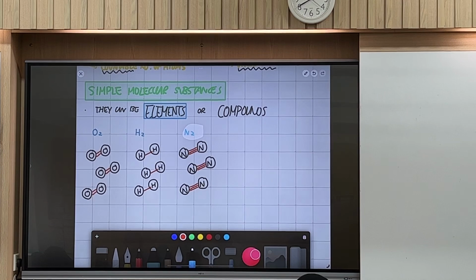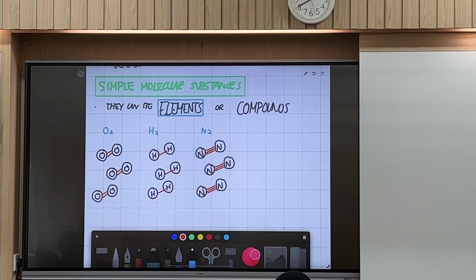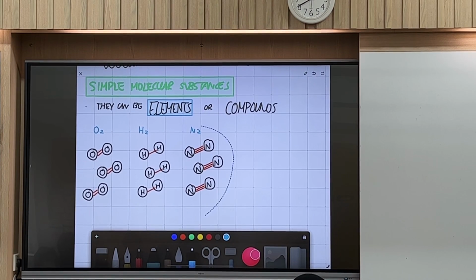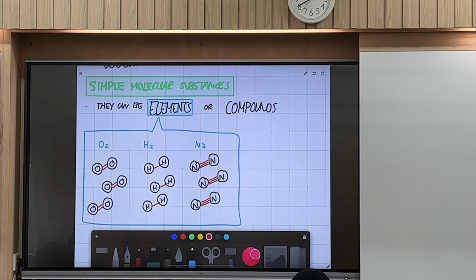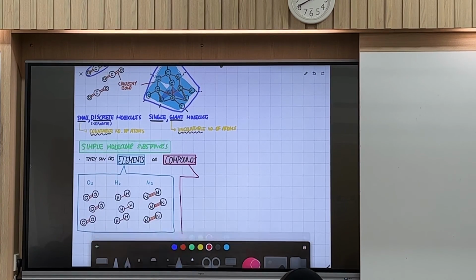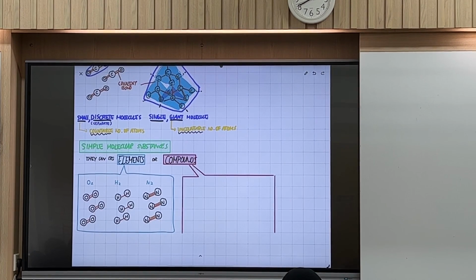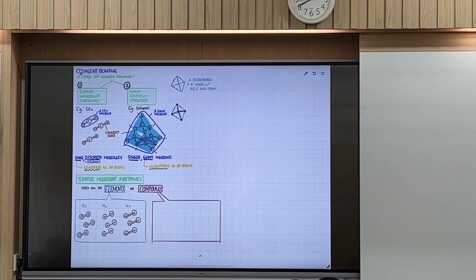And remember to bring this worksheet back. So these are the elements. We will continue the discussion next time on compounds. So you can put down some placeholder here. For compounds, we have some examples. You can put down the placeholder here.